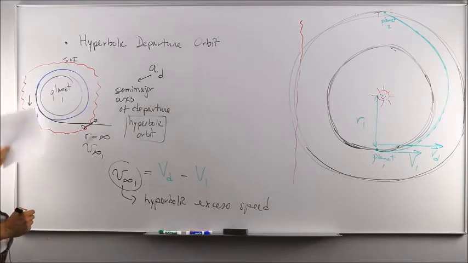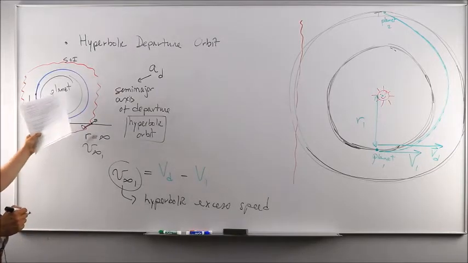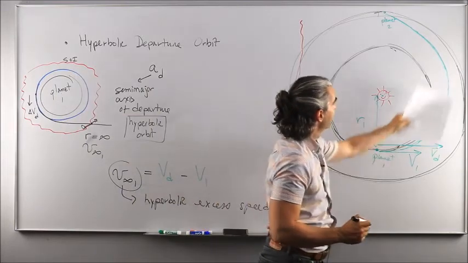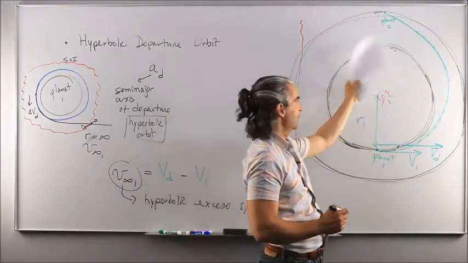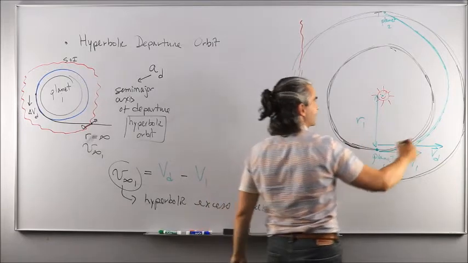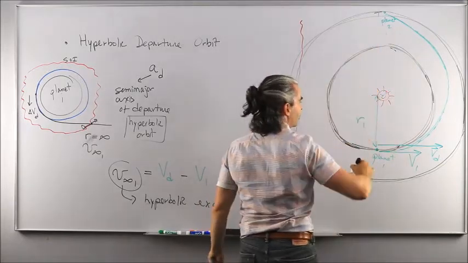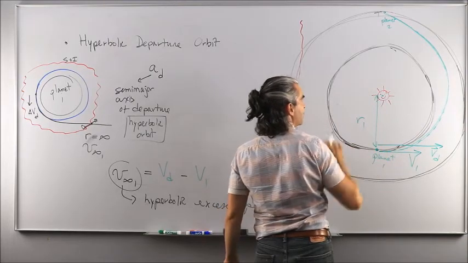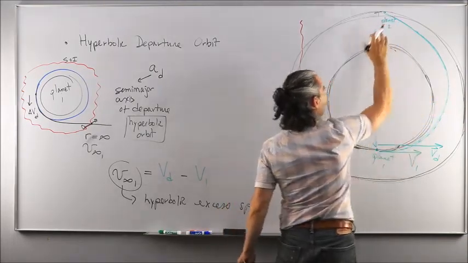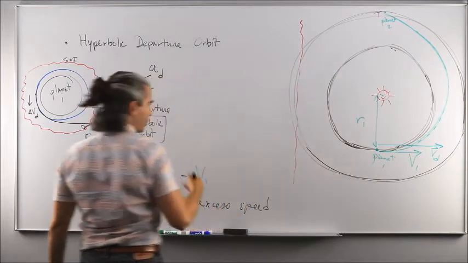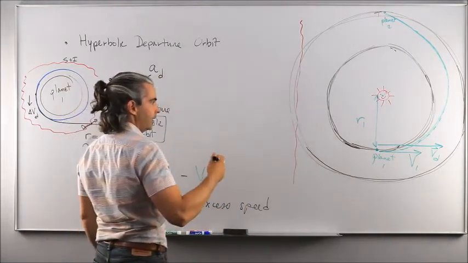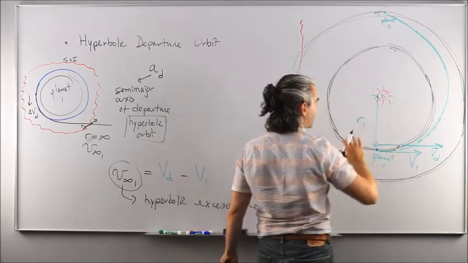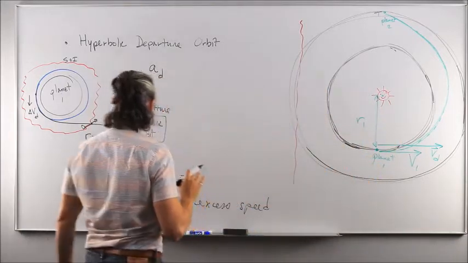So we need to do a hyperbolic orbit with respect to the planet, but that turns out to be eventually an elliptical orbit, which is a closed orbit around the sun, because we don't want to escape the sun's orbit or the sun's influence, okay? From this perspective, we want to stay in a closed orbit around the sun. We don't want to escape the solar system by embarking onto a hyperbolic trajectory from that perspective. That's not the intent. Okay?